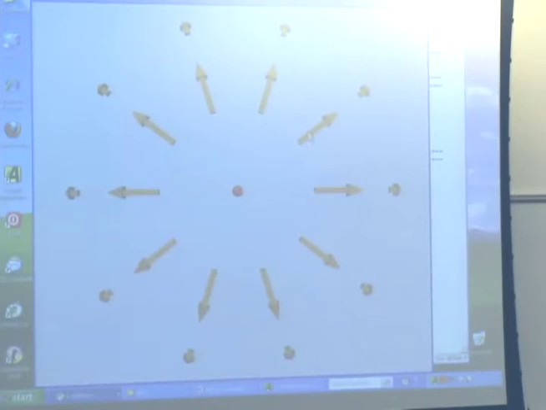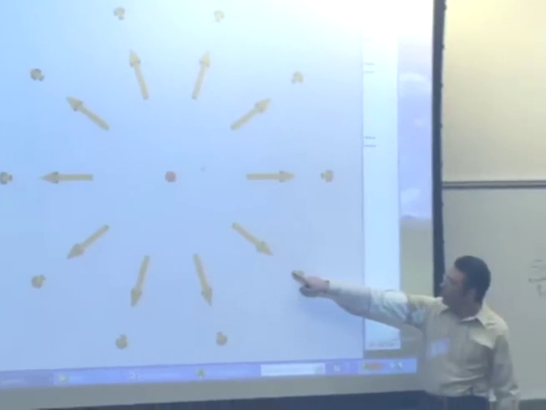Okay? And everywhere I plot the electric field, the electric field created by that positive charge is pointing away from the positive charge. I plot it out here. It's pointing in the same direction.